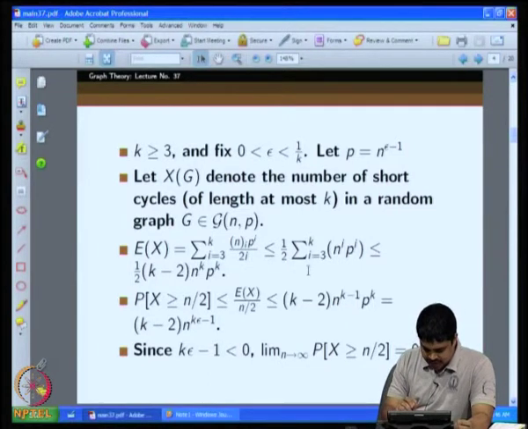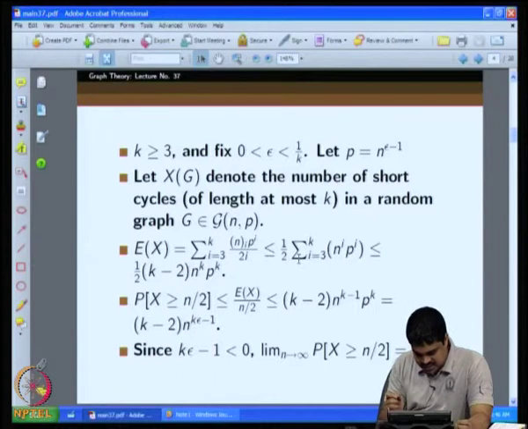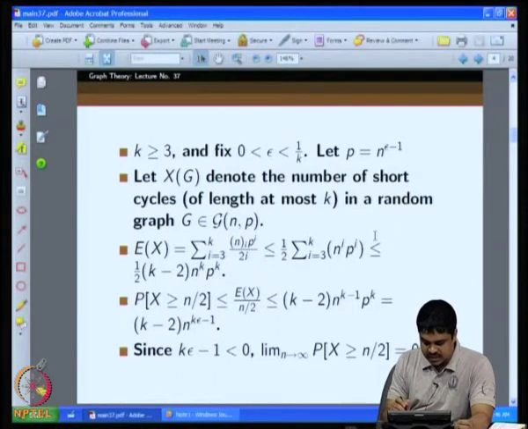And then when you sum up this thing, what will you get? Because n P i can be upper bounded by n raised to i, and this is p raised to i. The 1 by 2 is taken out, and the i in the denominator can be discarded because we are just taking the upper bound, since i is at least 3 onwards. So, this is at most half of the sum from i equal to 3 to k of n raised to i into p raised to i.